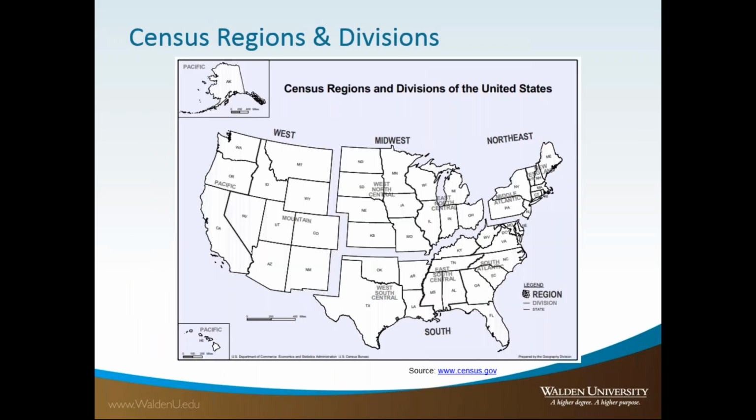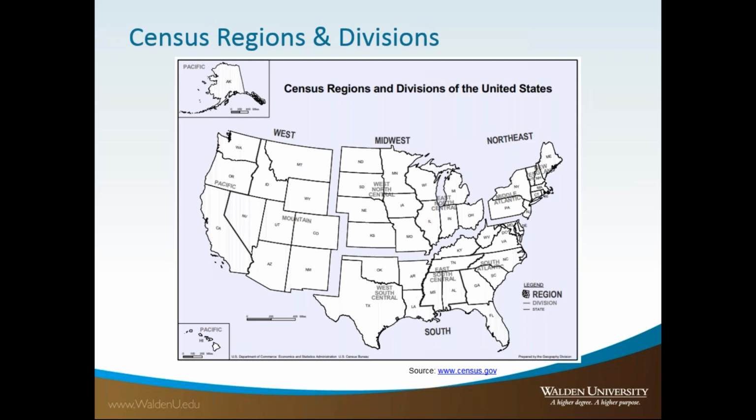So this graphic here gives you a sense of how the census divides the country up. This image shows the 4 regions: Northeast, Midwest, South, and West. And then within those 4 regions, there are 9 divisions.